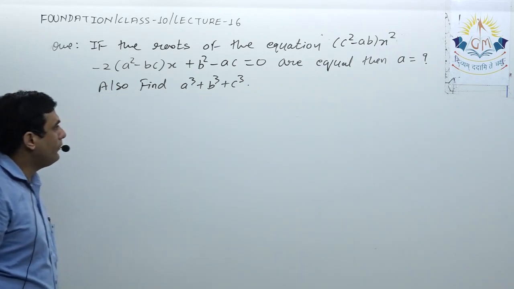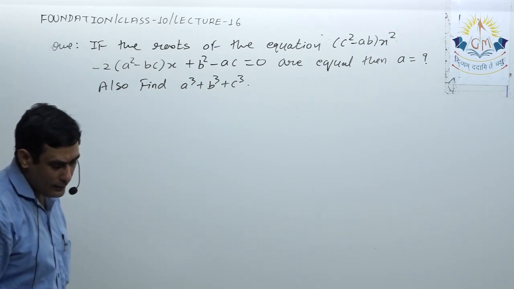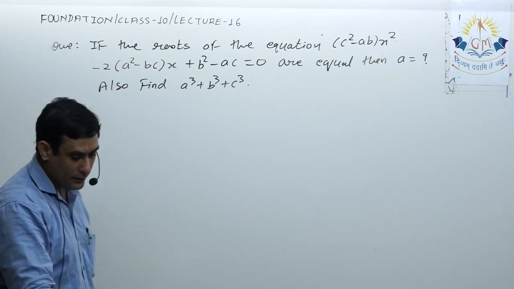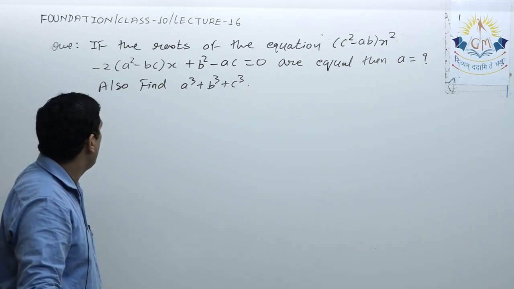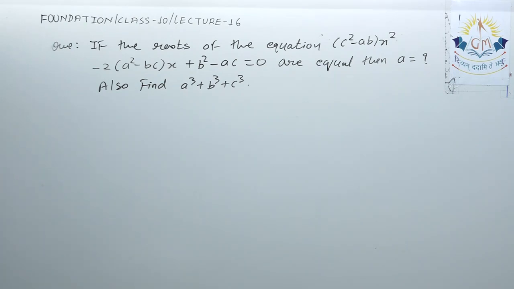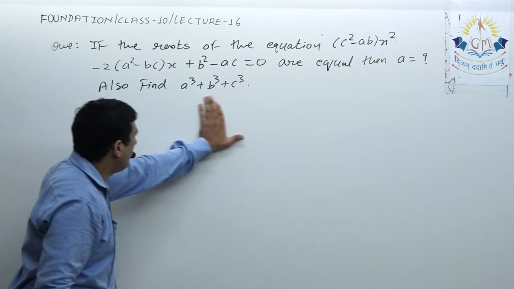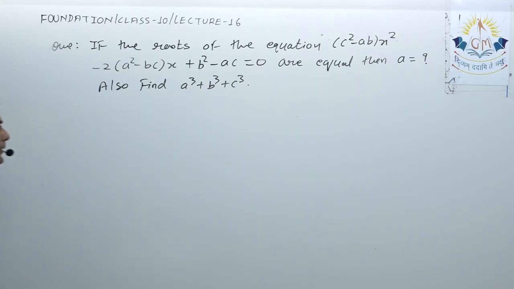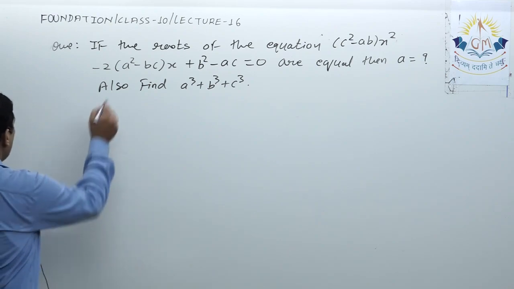If the roots of the equation (c square minus ab) x square minus 2(a square minus bc) x plus b square minus ac equal to 0 are equal, then you have to find the value of a. Also you have to find the value of a cube plus b cube plus c cube. It might be a numerical value, it might be in terms of a, b, c.